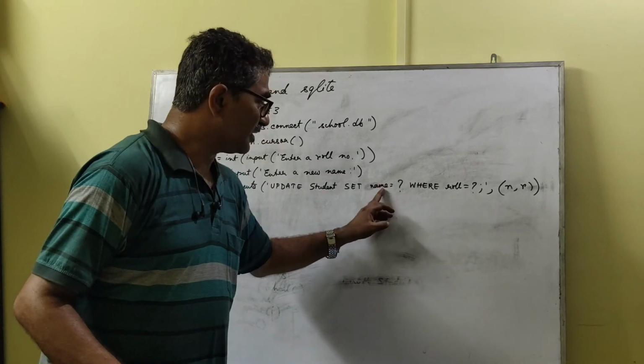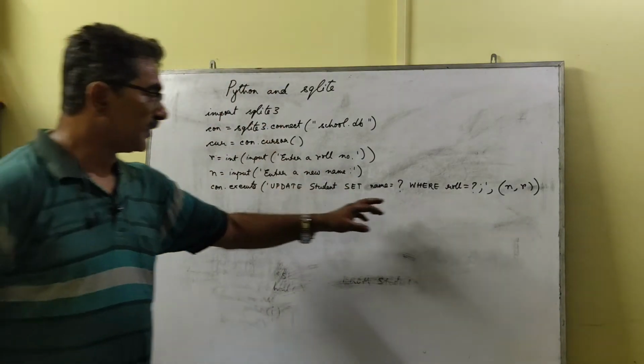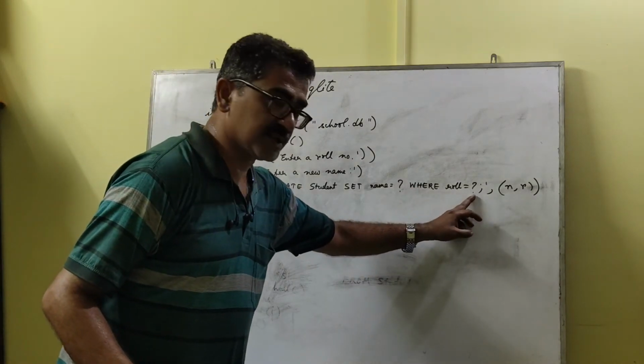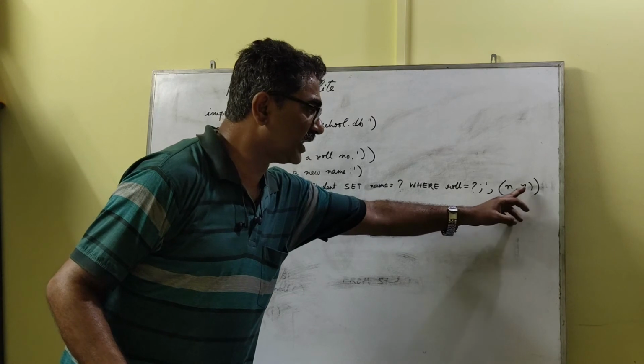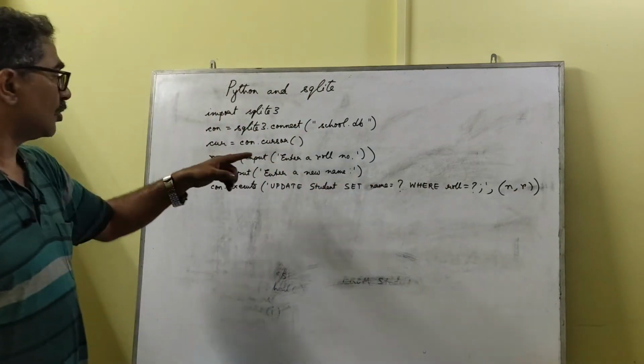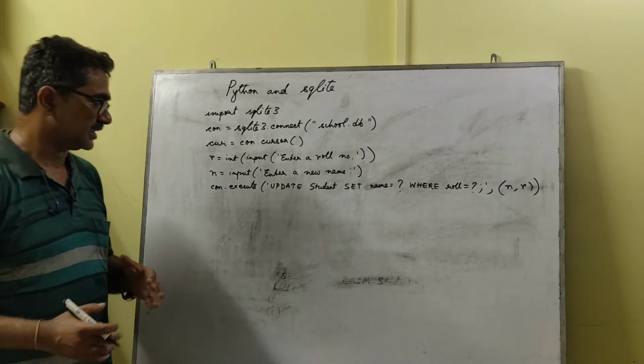So look at this. Name equal to n, and what does n contain? The value of the new name. Where roll equal to second question mark. The second question mark will get replaced with the second content of the tuple, that is r. R is the roll number whose name you want to change, the corresponding name which you want to change.